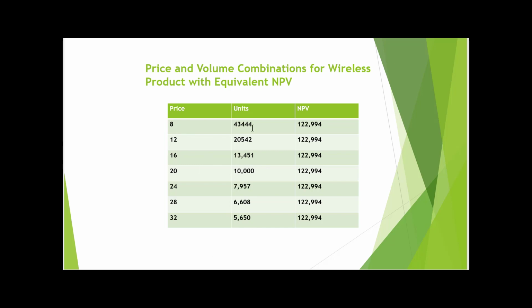So at $8 and 43,444 units, we'd have a net present value of $122,994. If we change the price to $32, we're only going to sell 5,650 units, but that will still give us this 122. So again, we can look at the relationships of the variables within our problem. So this is risk analysis and understanding the relationships between the variables.